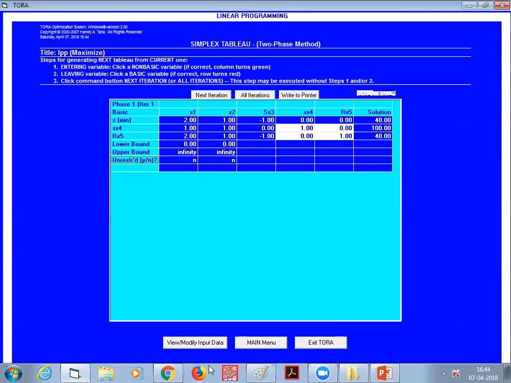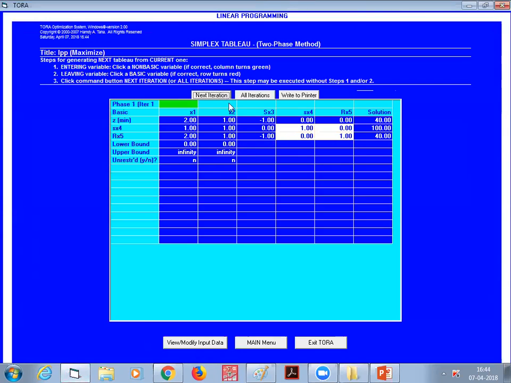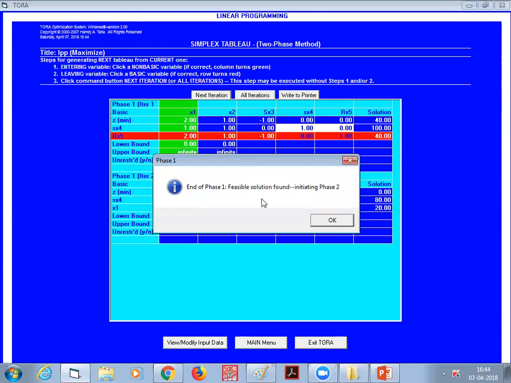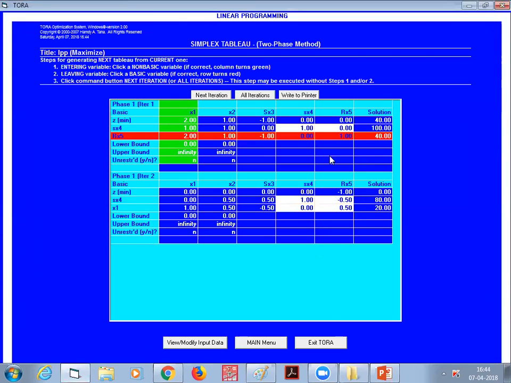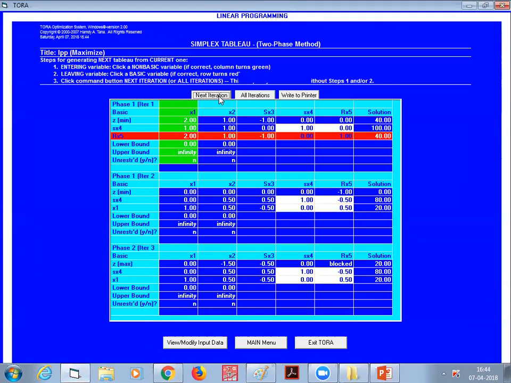So to start with, we have these in the first iteration. So phase 1, it's taking the same thing that we got. It will take x1 first. Then in the next iteration, now we'll get phase 2, so we'll get -1.